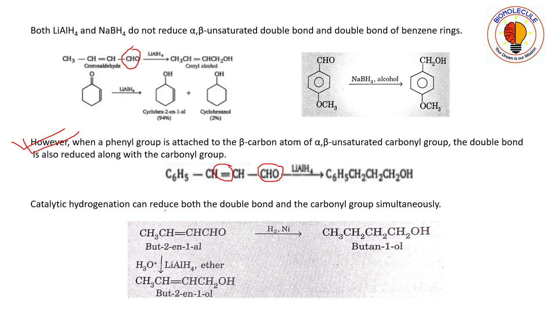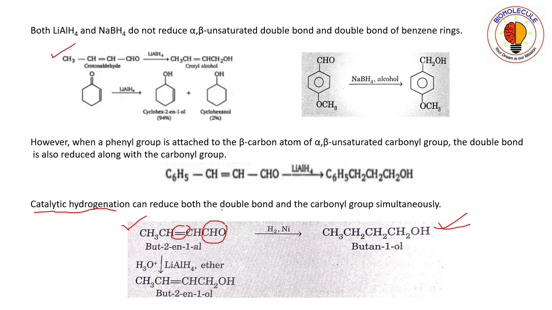Now catalytic hydrogenation can also reduce both the double bond and the carbonyl group simultaneously. So we take an example, crotonaldehyde, that is but-2-en-1-al. If we reduce crotonaldehyde with the catalytic hydrogenation method, then this unsaturation along with this aldehyde will get reduced.